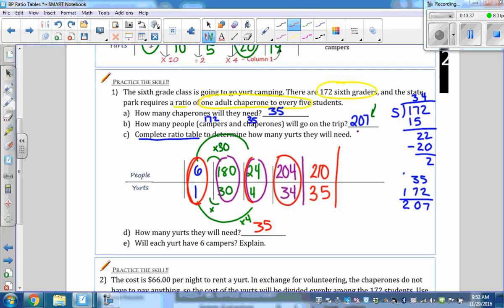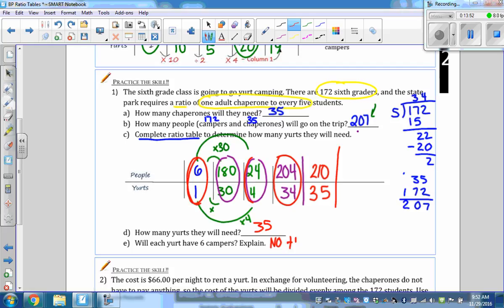So will each yurt have 6 campers in it? No. Because I only need room for 207 people.